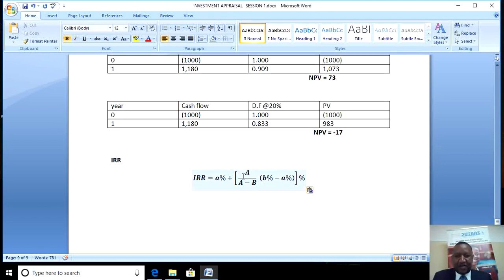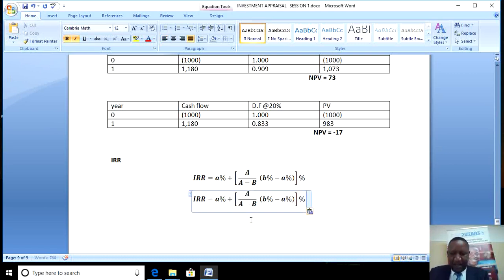So let's factor those things in our formula. We have our 10% that gives us the NPV of positive 73. That's A, that's our 10%. So what's B?